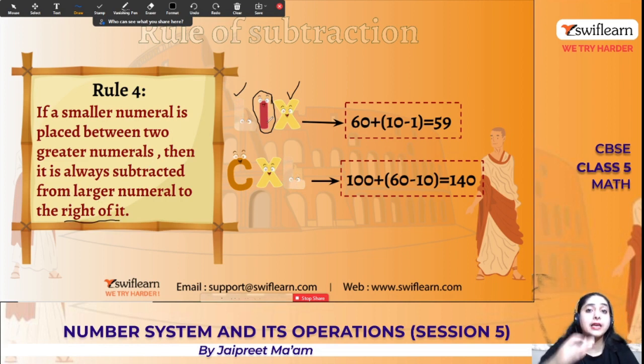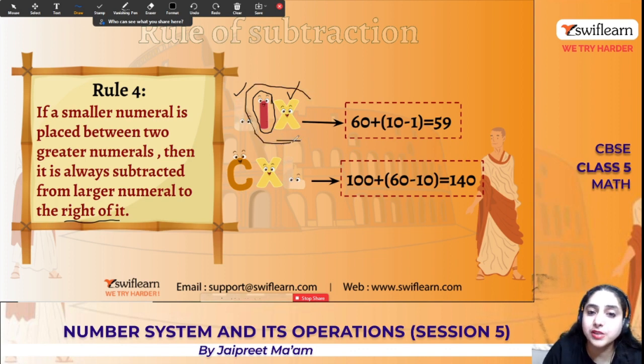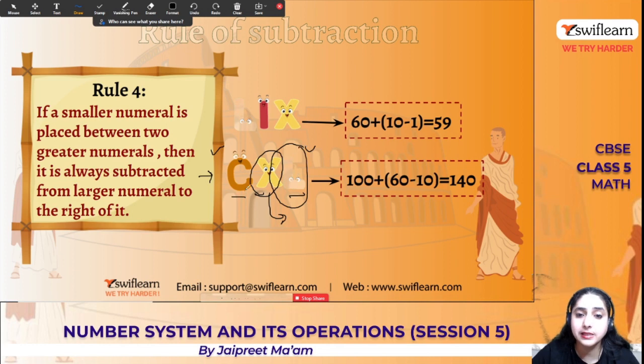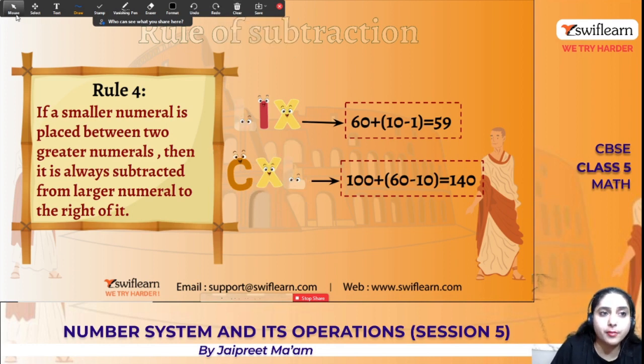Now what is to the right of I in LIX? X is to the right of I, so we have to subtract I from X. We will not add LI, we will subtract I from X. Like in this example, C is a greater value and L is a greater value and X is the smaller value, so what will we do? We have to subtract X from L, we do not have to add X with C. This is rule number 4.